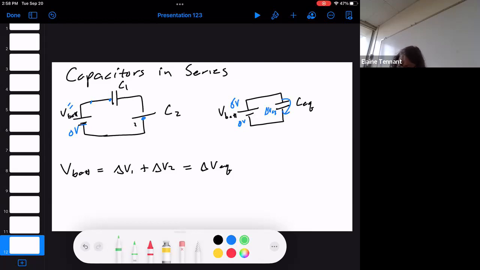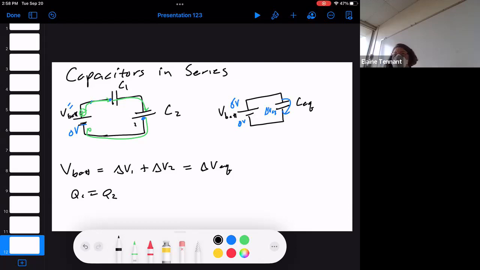Now, if I look at my charges, everything that goes through C1 also is going to go through C2. Does that make sense? That's the definition of series. Any charge that hits C1 is also going to hit C2. So that means that Q1 has to equal Q2.